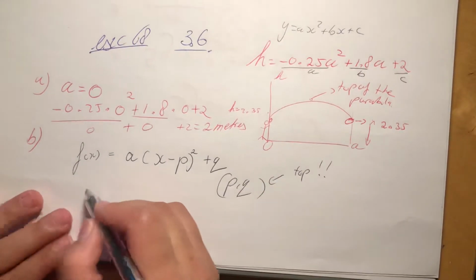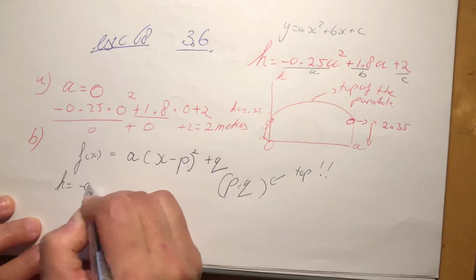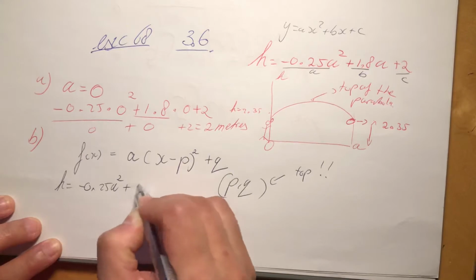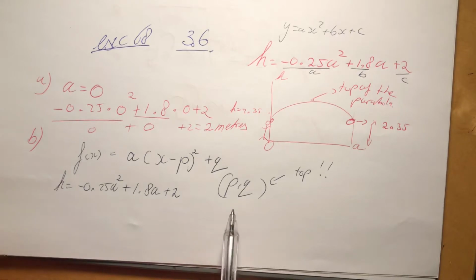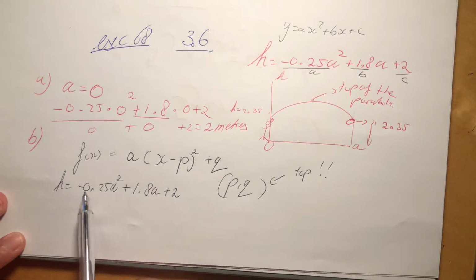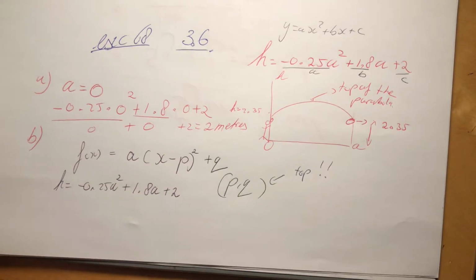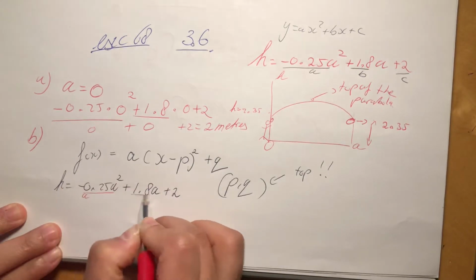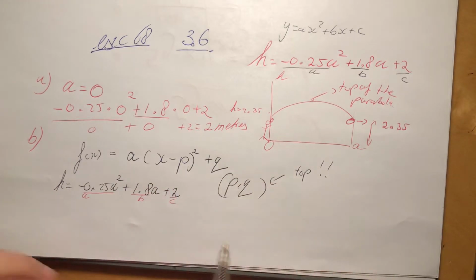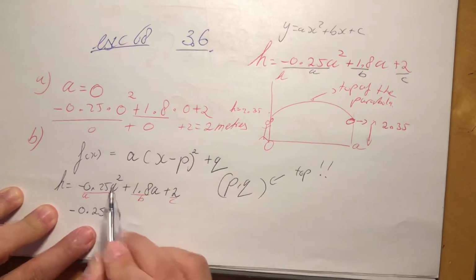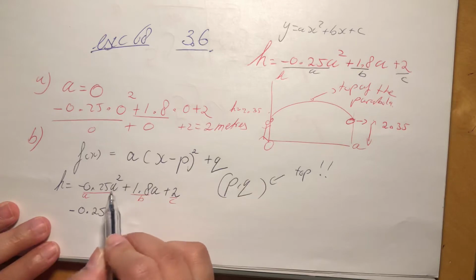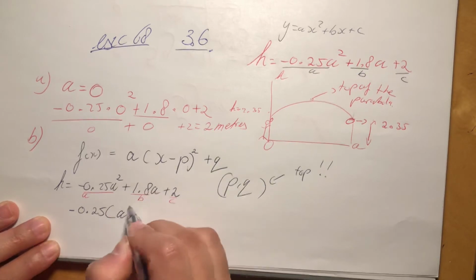So first, write down the formula again. So you get h equals negative 0.25 a to the power of 2 plus 1.8 a plus 2. Let's first take out the negative 0.25 from here. We get that in the front because you know that this is the a, this is the b, this is the c. b and c we're not working with anymore, but the a will stay the same. So you get negative 0.25, then opening bracket, a to the power of 2.